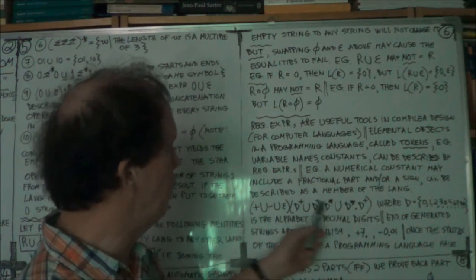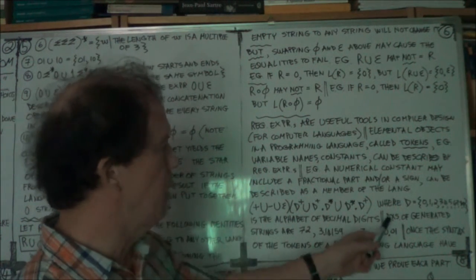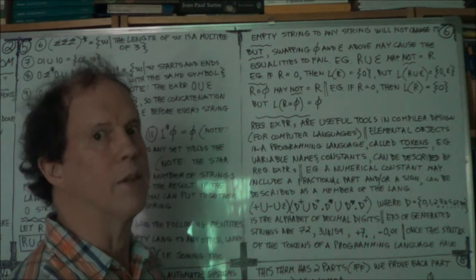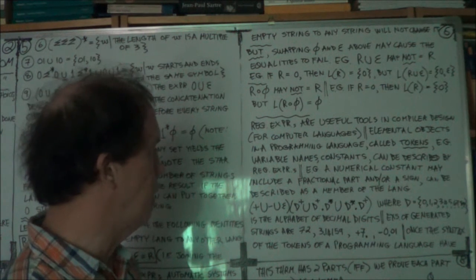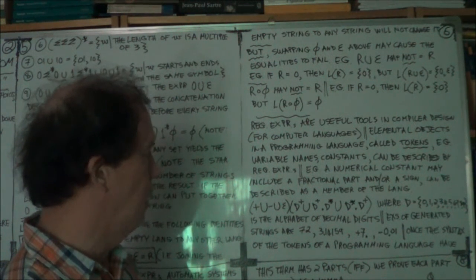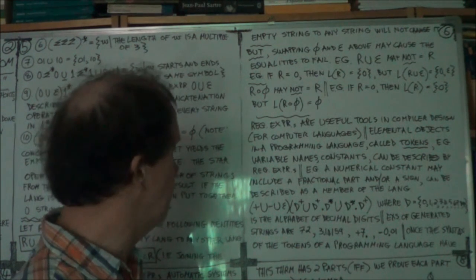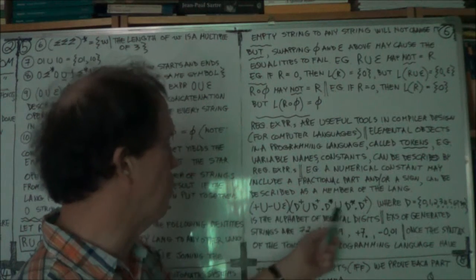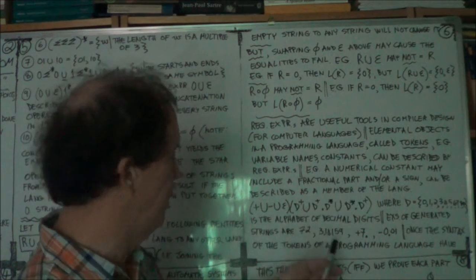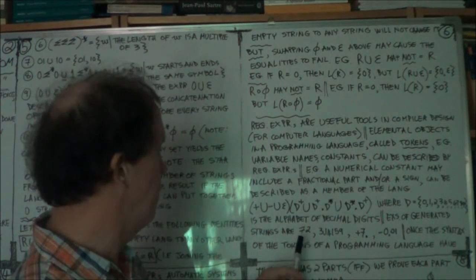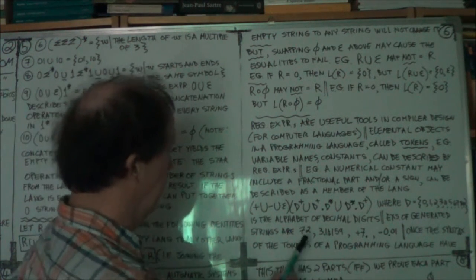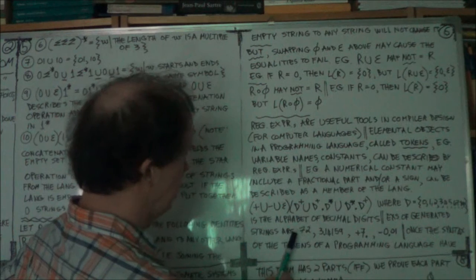Now this describes a language, so these examples would be members of that language. They would be decimal numbers, because that's what this thing generates or describes. Here are some examples. 72. Now, why would that be? Well, there's no plus, there's no minus, and there's blank.